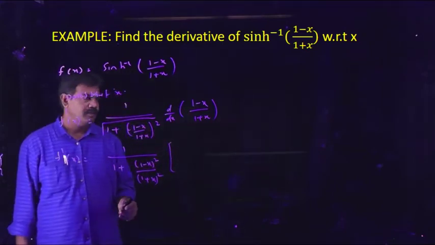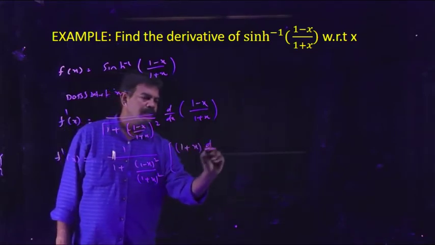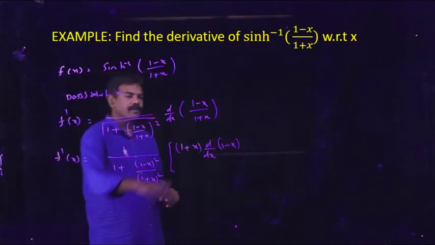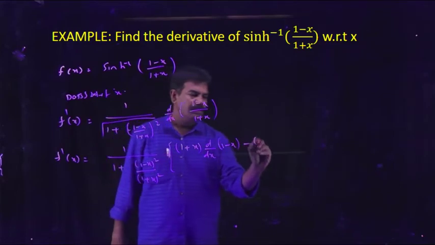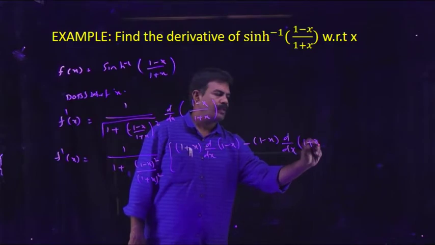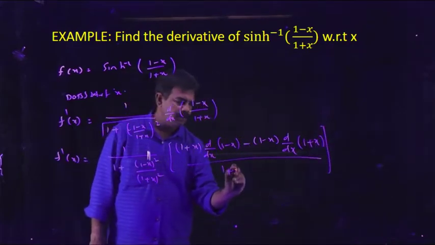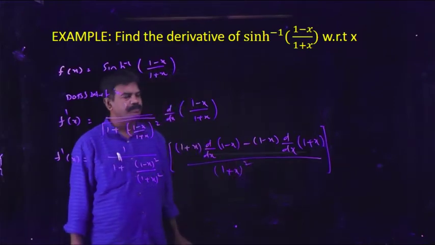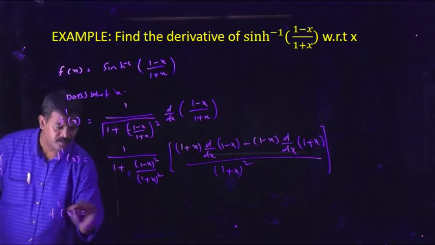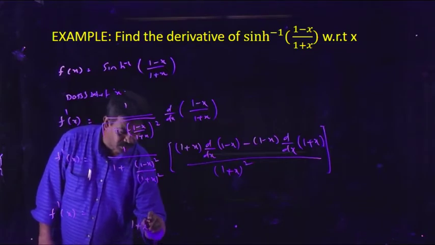We know the formula for u by v, that is v into d by dx of u minus u into d by dx of v by v square, that is (1 plus x) whole square. f dash x is equal to, here take the LCM, that is (1 plus x) whole square is the LCM.